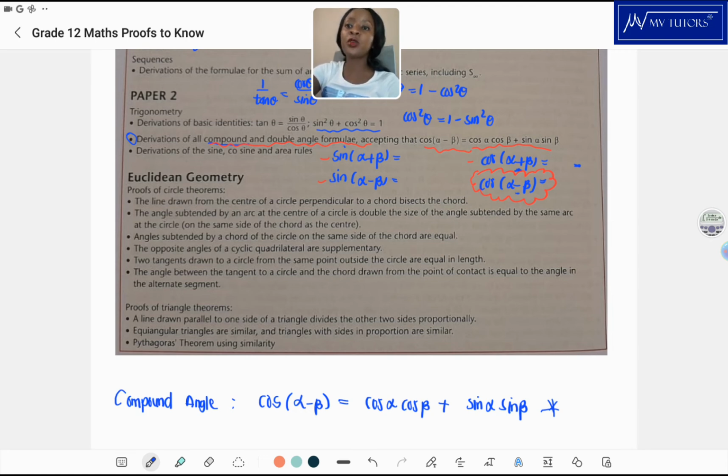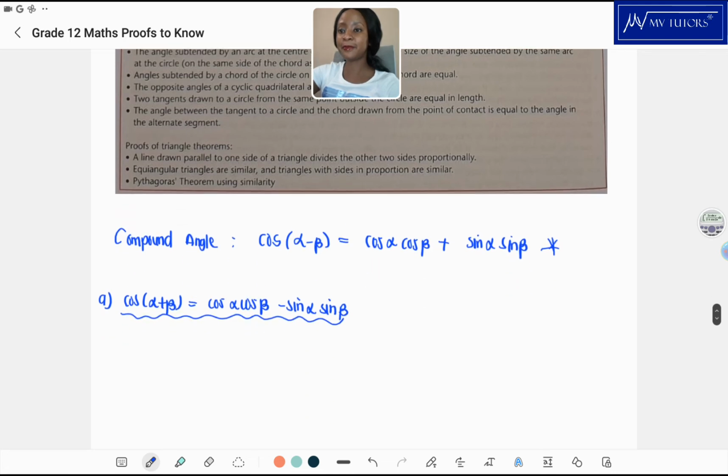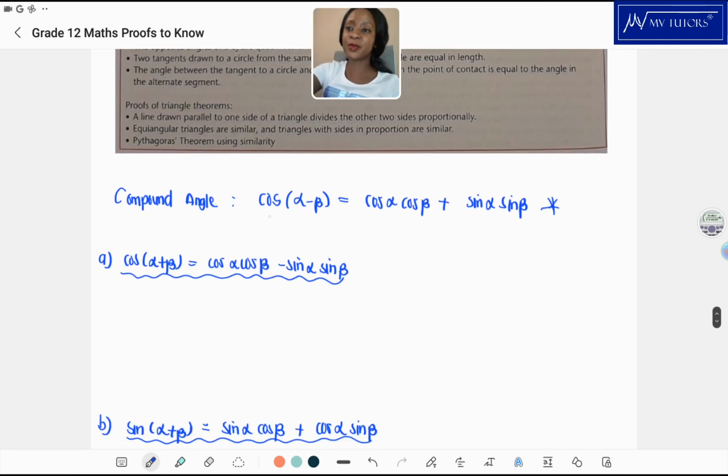So you are already starting from the standpoint of accepting this expression, so you don't have to prove this one. That would take quite a long while, because you need to sketch on the Cartesian plane, put some angles in there, do hectic stuff. So they wouldn't ask that. As far as I know, that proof is not going to be examinable.